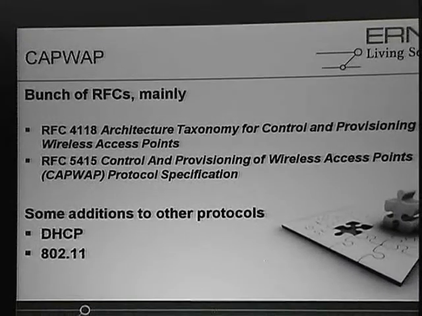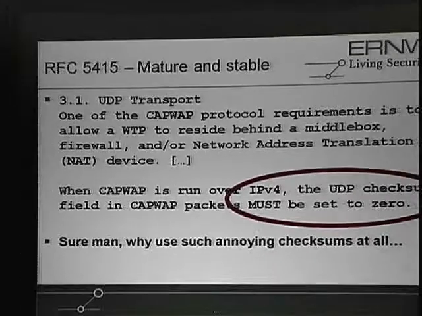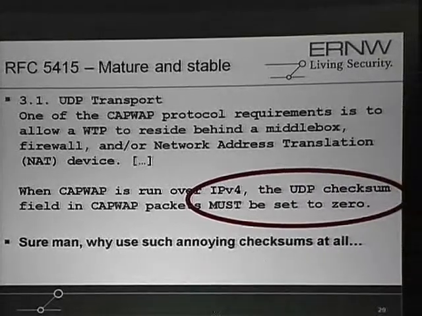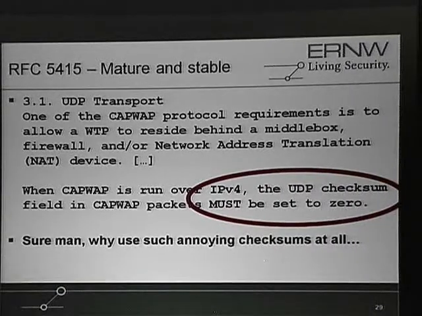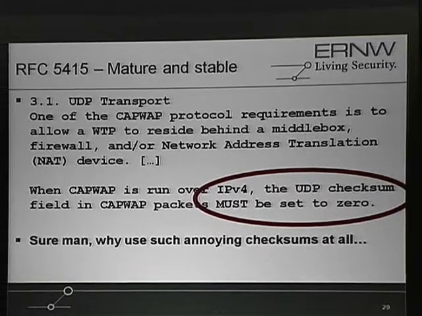Then again, some funny stuff turned up. Look at this: in the main RFC on CAPWAP, it says that when CAPWAP is run over IPv4, UDP checksumming should be essentially disabled, set to 0. Given we are network people, who needs annoying stuff like checksums anyway? This again gives an idea of the maturity of this world of solutions at the current point.